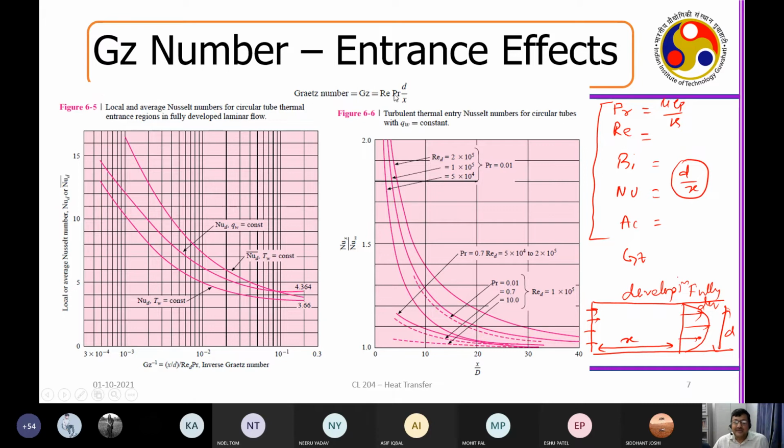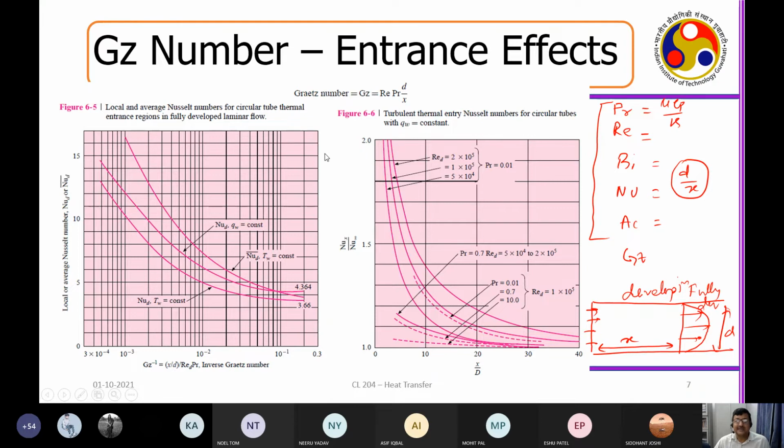So this Reynolds number times Prandtl number can be corrected based on this entrance effect d by x, which is called the Graetz number. And when you plot Nusselt number at x to Nusselt number at infinity, that means after a very big length, so x by d, you will find that there will be an effect of this d by x in the calculations, right?